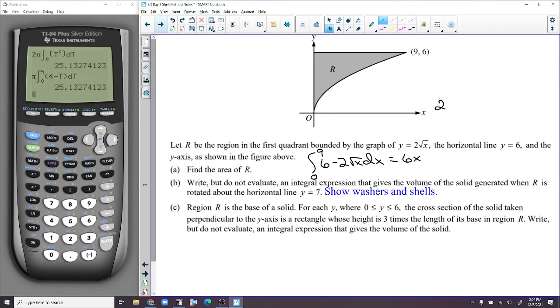6x, so 2x to the 1/2. So add 2 halves. That's x to the 3 halves times 2/3, but there's a 2 there. So minus 4/3 x to the 3 halves from 0 to 9.